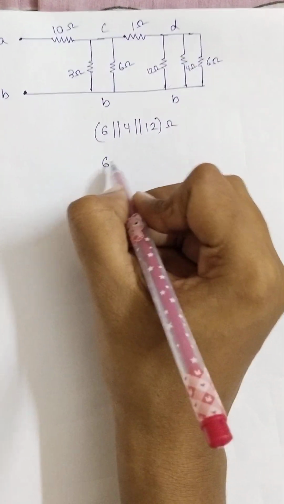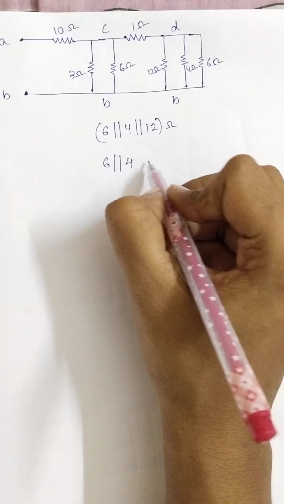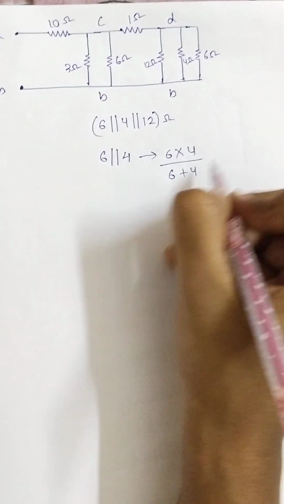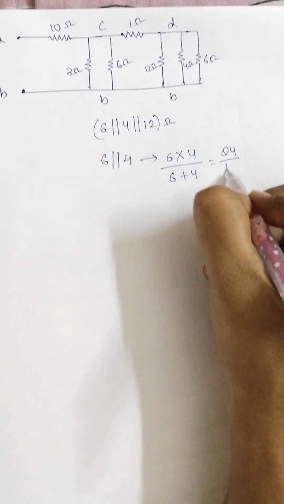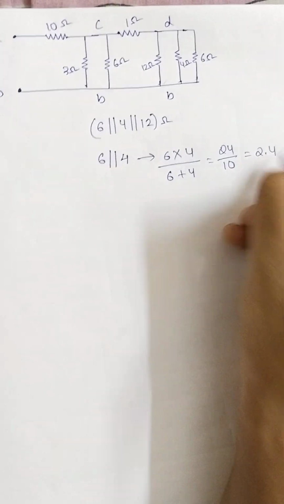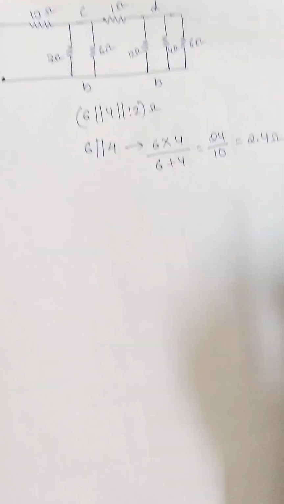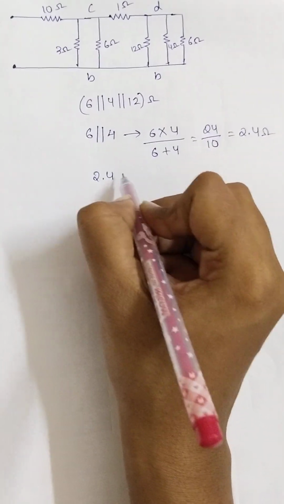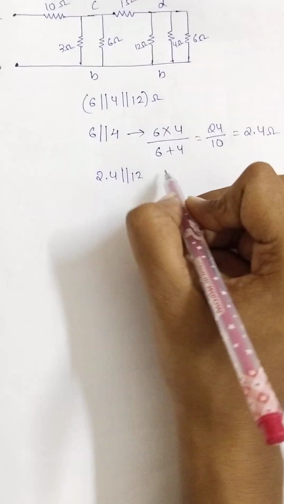Therefore, first 6 parallel with 4 becomes 6 into 4 by 6 plus 4, that is 24 by 10, nothing but 2.4. And again this 2.4 ohm resistance is in parallel with 12 ohm.